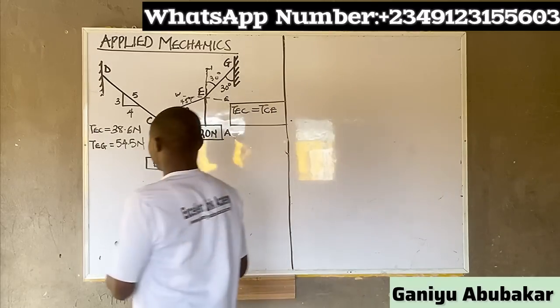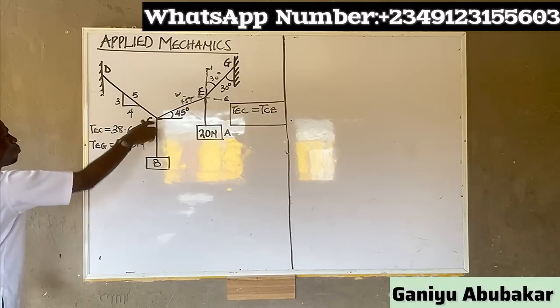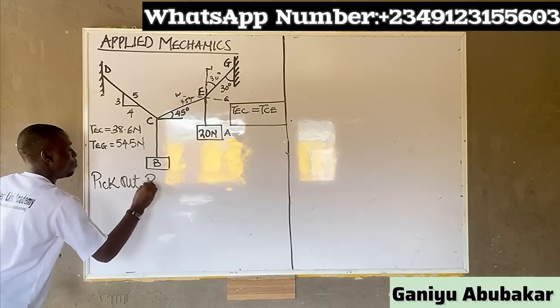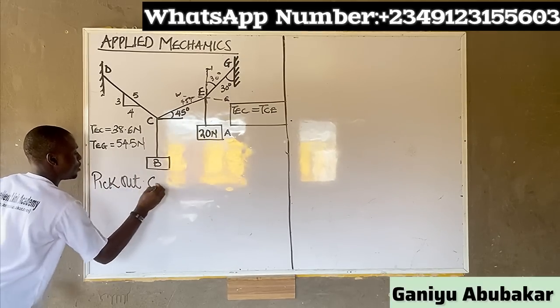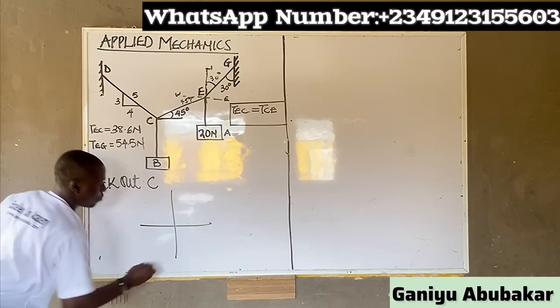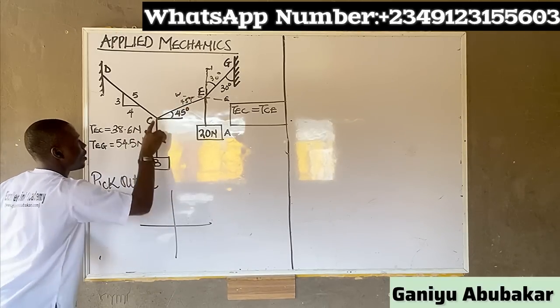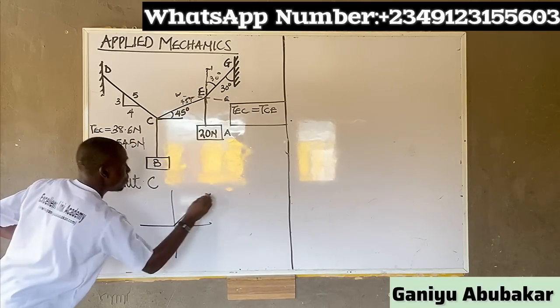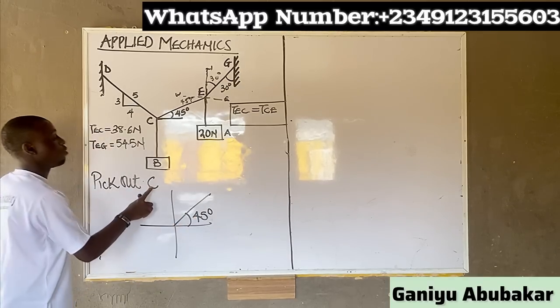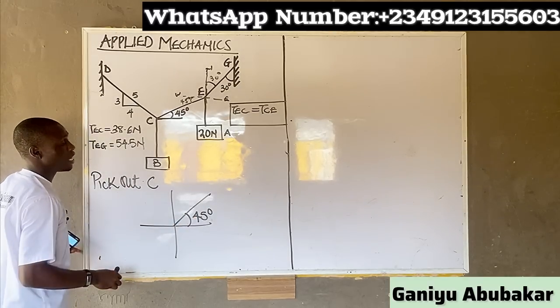All right, from here, pick out point C. For point C, observe this: this line is going this way, so that's going this way. The angle here is 45. So for point C, I'm drawing out the figure diagram.